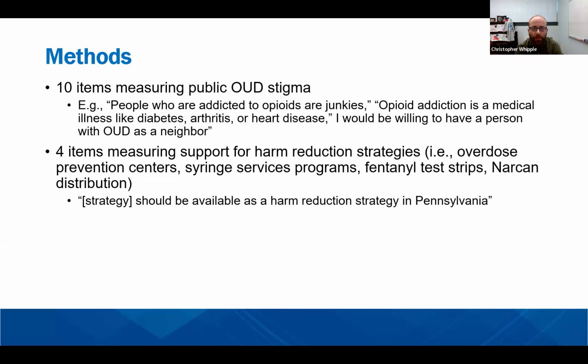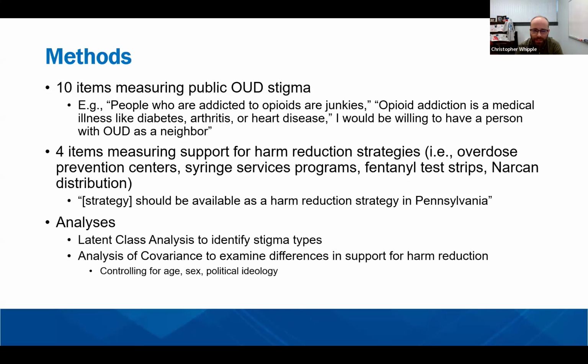We also used 4 items to measure support for harm reduction strategies. All the items had the same question. It was, this strategy should be available as a harm reduction strategy in Pennsylvania. And participants could either disagree or agree on each of these different strategies, being overdose prevention centers, syringe services programs, fentanyl test strips, and Narcan distribution.